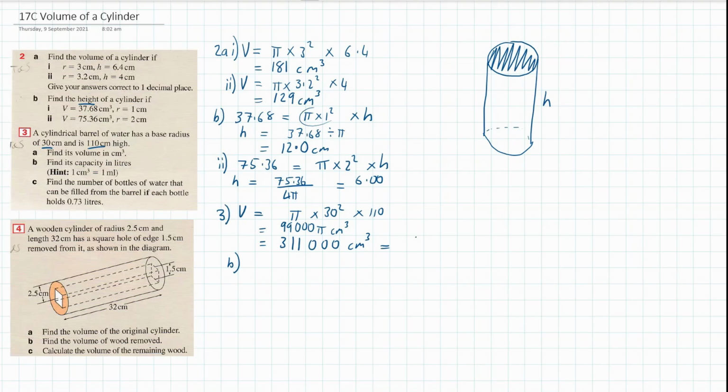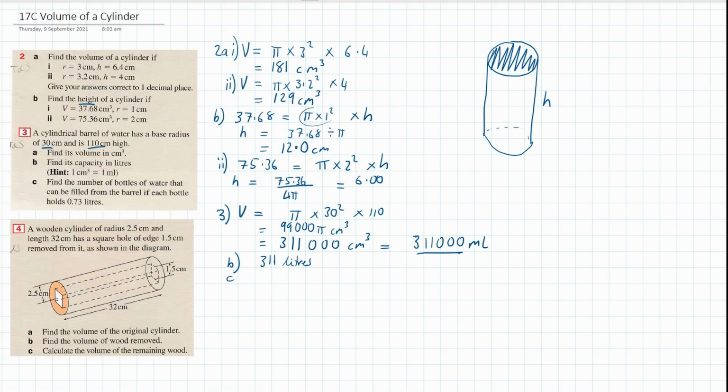Because a liter is equal to 1,000 mils, and we also know that mils is exactly the same as centimeters cubed, we can go from mils to centimeters cubed just like that. Then we divide by 1,000, so I think it's 311 liters.